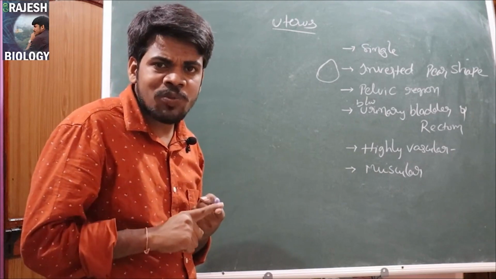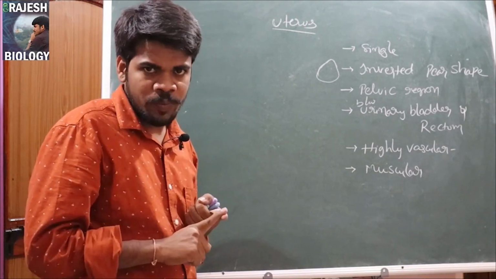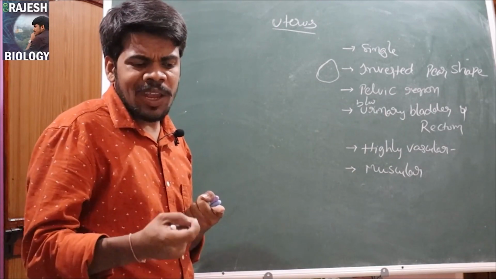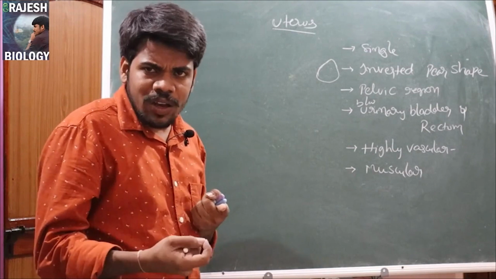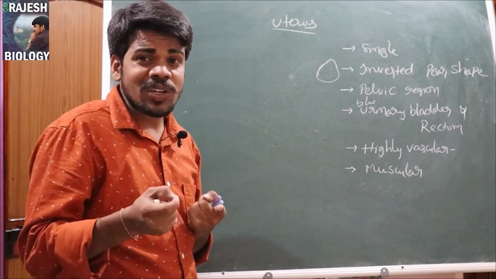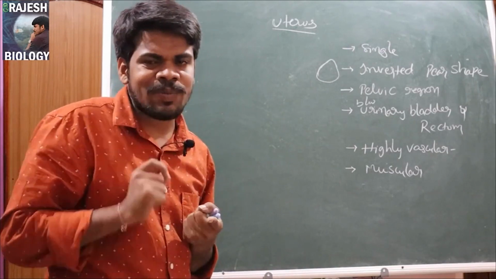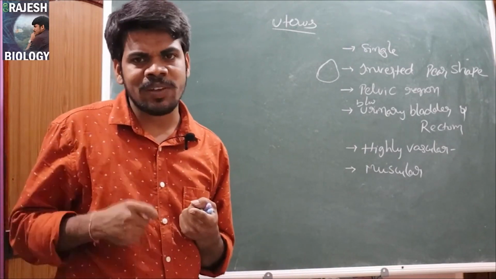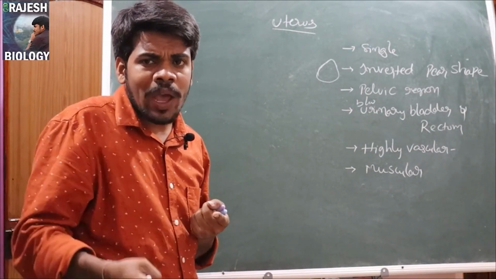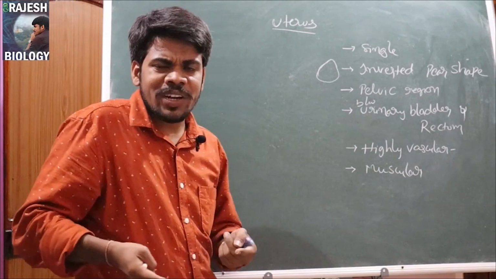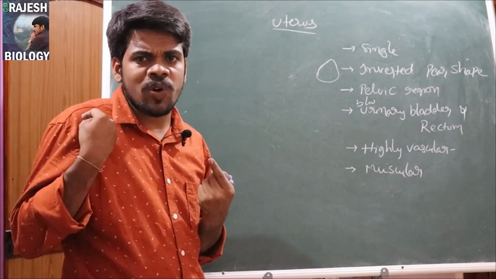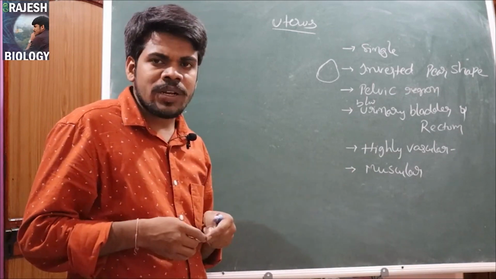At the time of copulation, when the male releases sperm cells, prostaglandins are also present in the semen, as we discussed in the previous class. Those prostaglandins stimulate the uterine wall, and the sperm cells are directed towards the ovum with the help of these muscular movements.